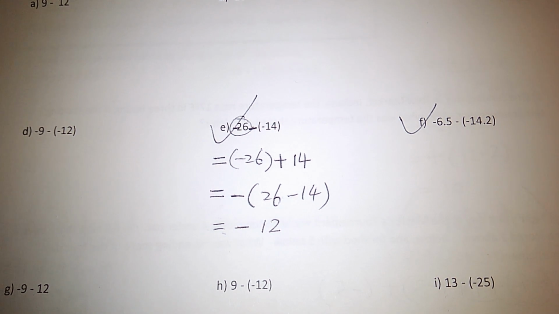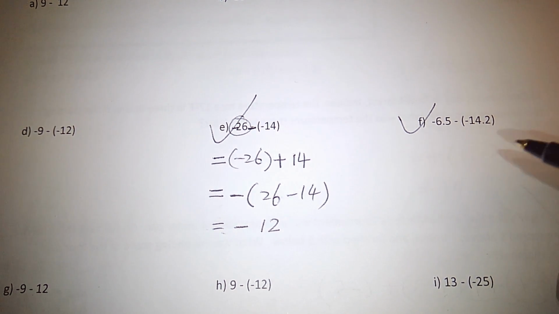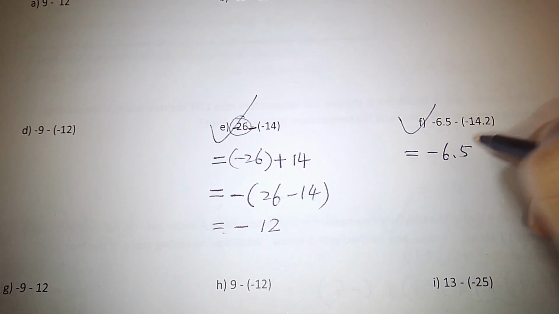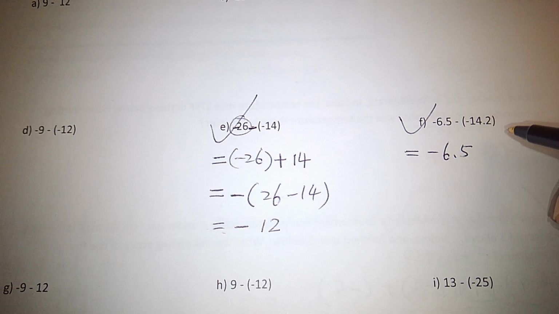Try the F. Negative 6.5 minus negative 14.2 becomes what?